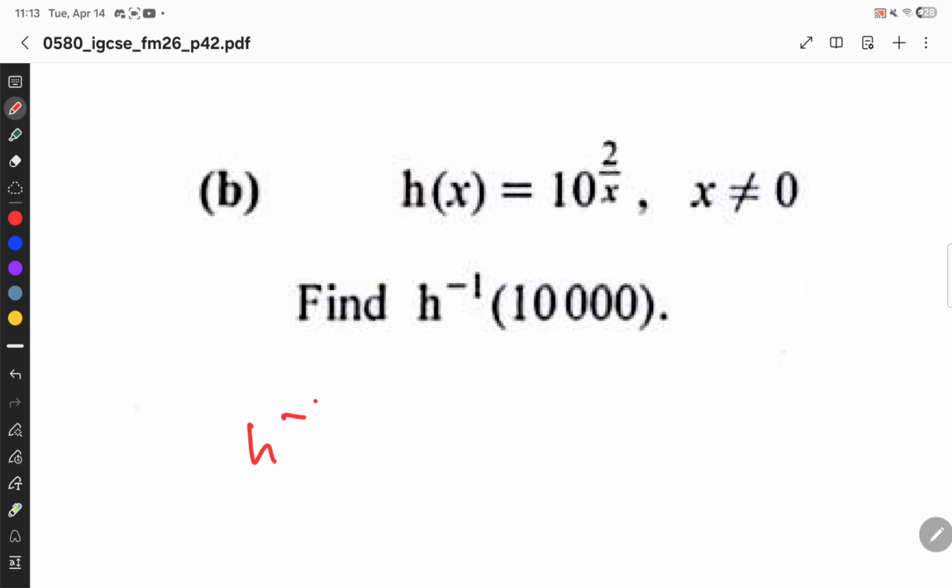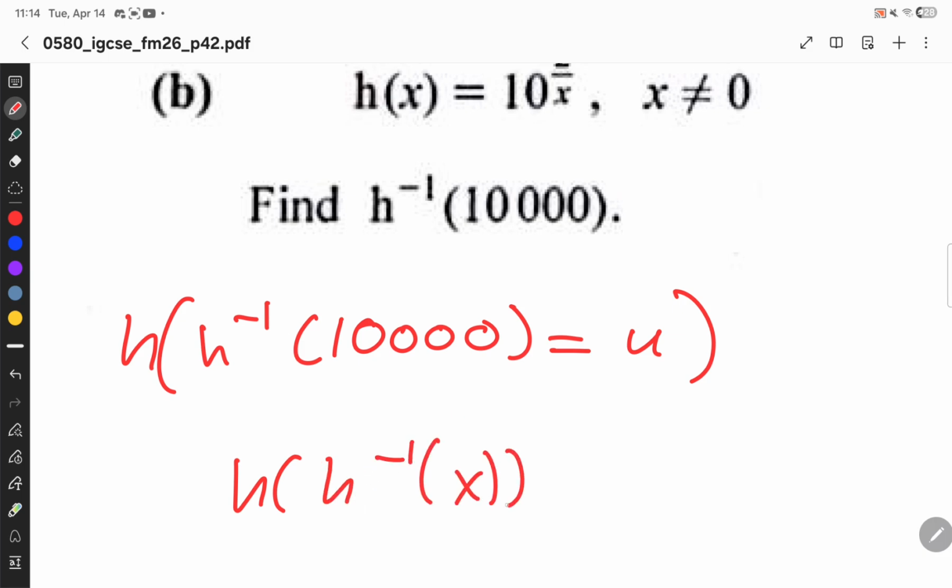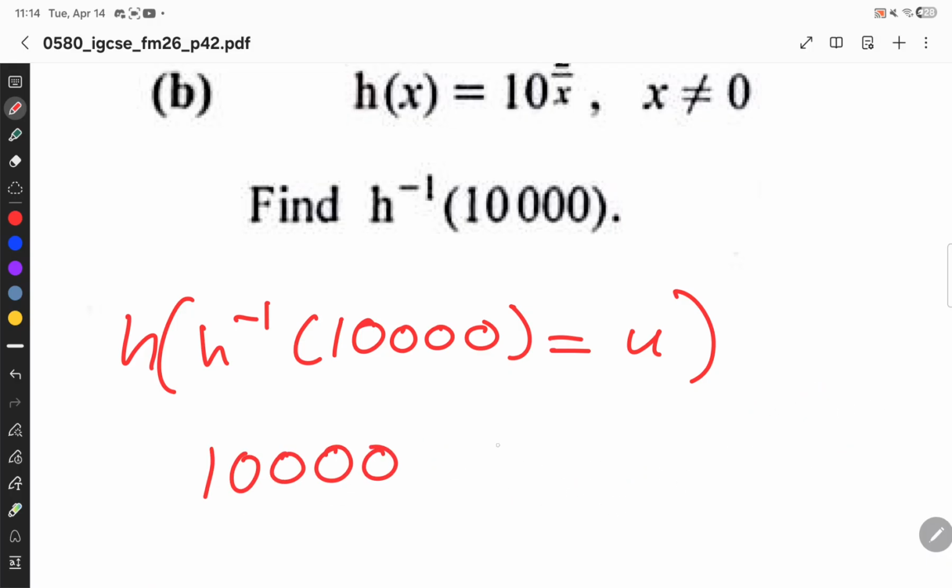Let's assign this some value u, and we know that to solve for u, we can use the fact that if we apply h onto the entire function, the composite of a function and its inverse is the input. It cancels out, like how you do square on square root. It cancels out. So this is the same behavior we use.